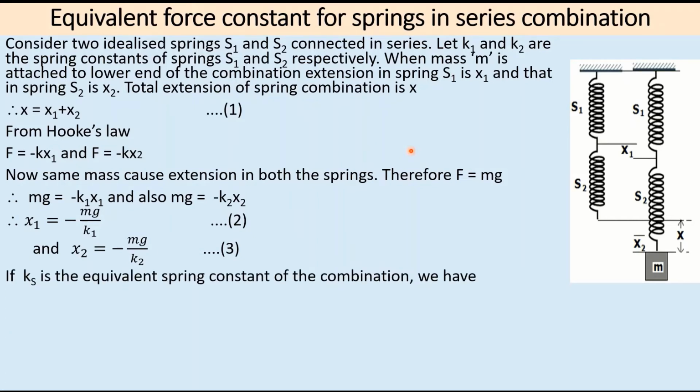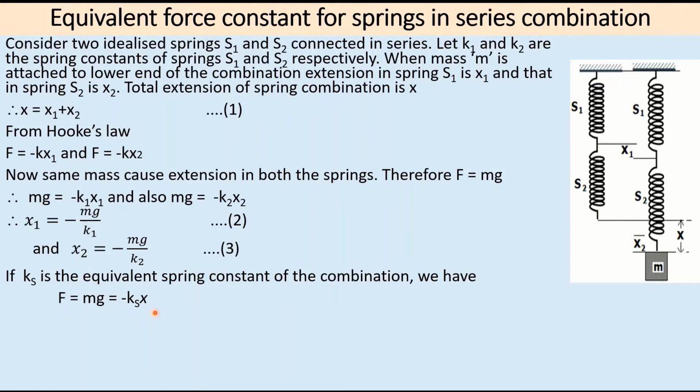Now, if Ks is the equivalent spring constant of the combination, then for the combination, the restoring force acting is F is equal to mg is equal to minus Ks into x, where x is the total extension produced and Ks is the equivalent spring constant.